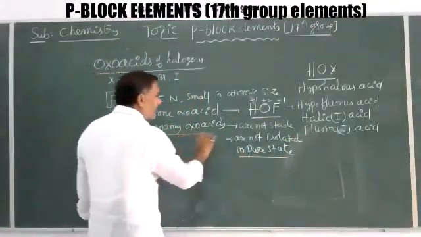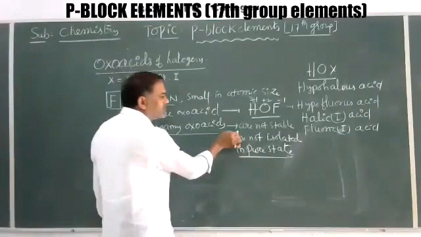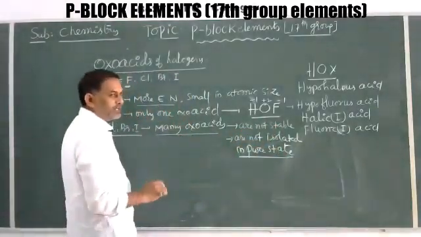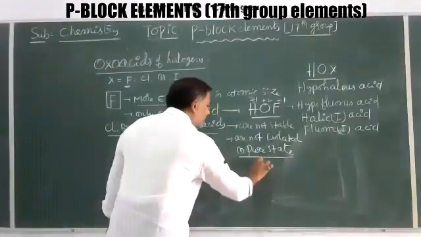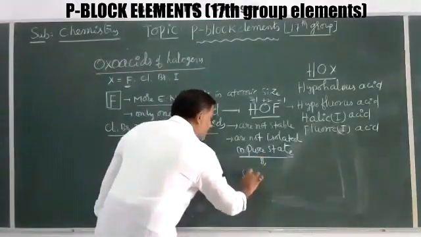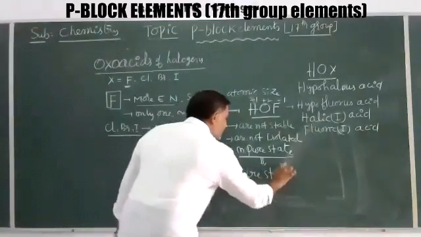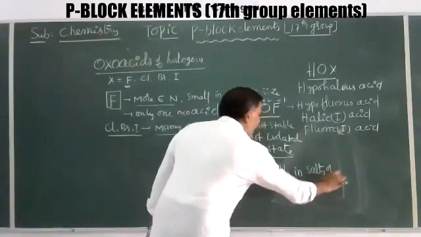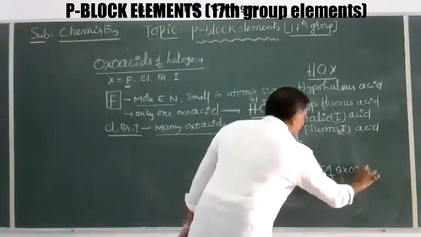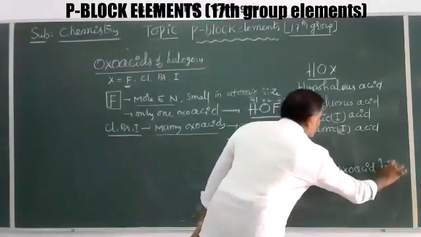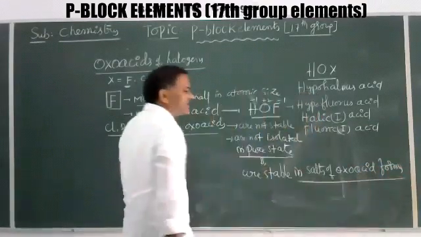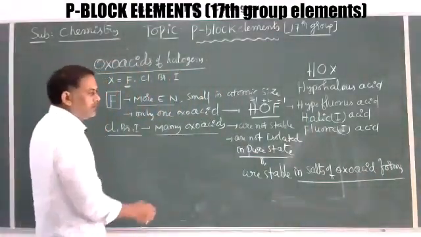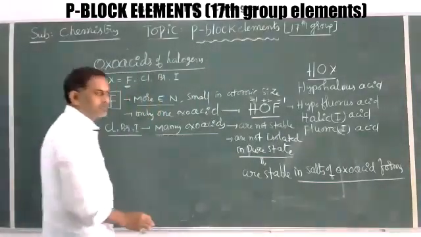All oxo acids are not stable. They are not isolated in pure state, but they are stable in the form of salts of the oxo acids, that is, in ionic state or in solution. In pure form, we can't isolate them.